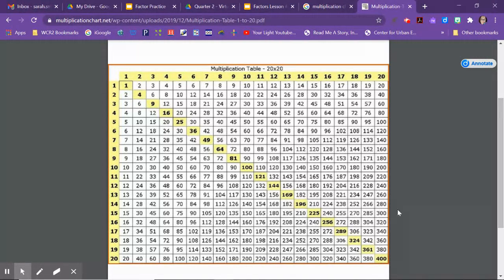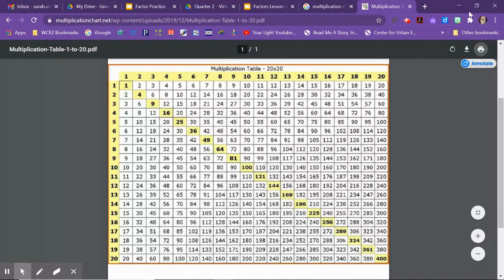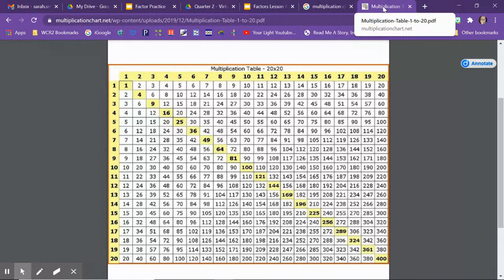This is actually a really nice one I found. There's not very often you find one that goes all the way to 20 times 20. So this one will be really helpful. Using this to factor is helpful, especially when you don't know your multiplication facts yet, which is probably about where most of you are sitting right now.